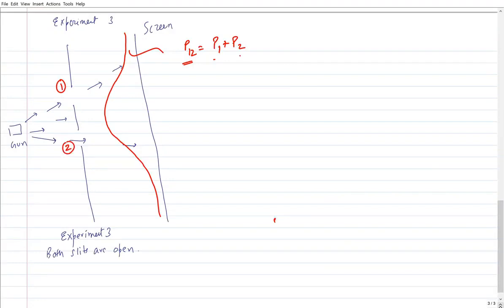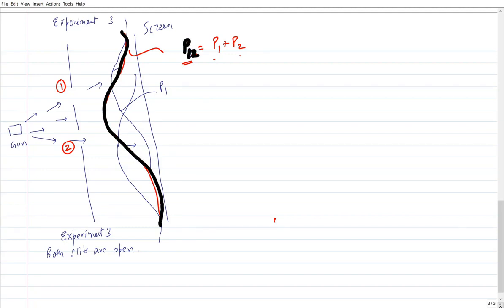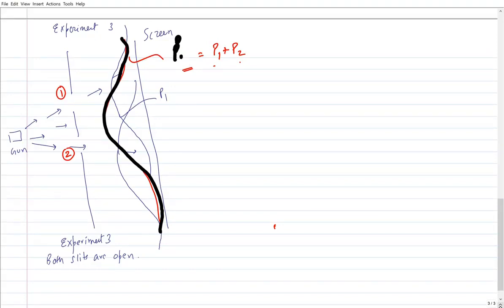So the probability distribution that I get, this was P1 and I had a similar sort of P2, and this was P12. So P12 was the sum of P1 and P2.